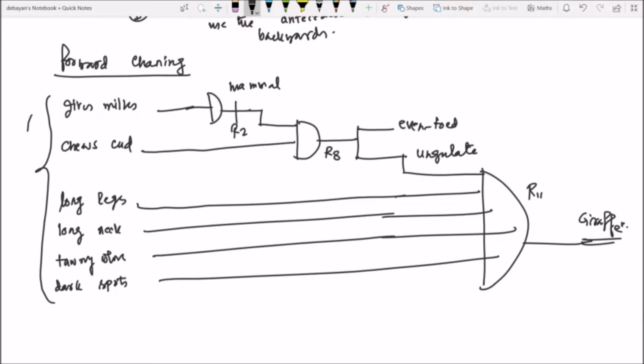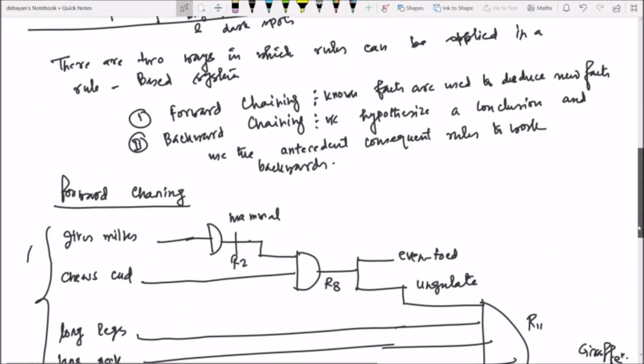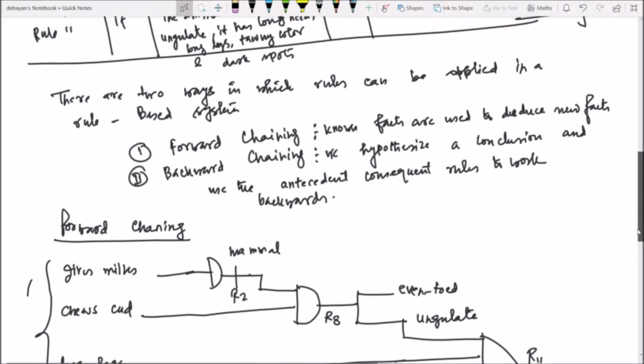But in case of backward chaining, what does it mean? In backward chaining, you will find that a particular assumption or hypothesis has been made, and after that it will work backward.